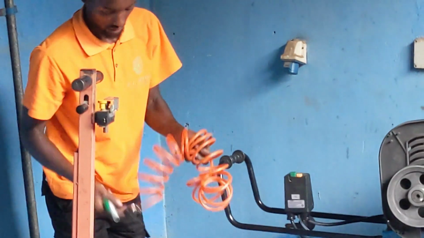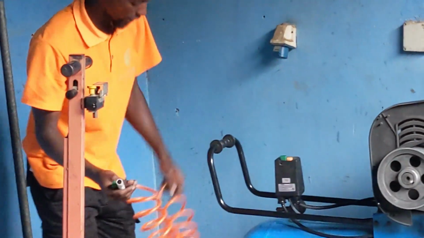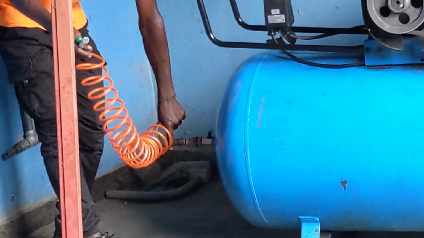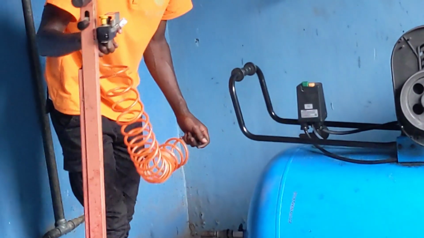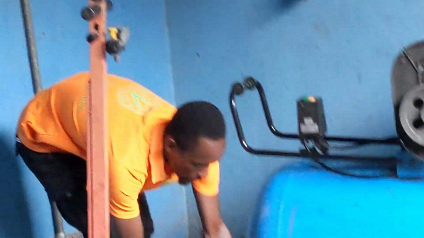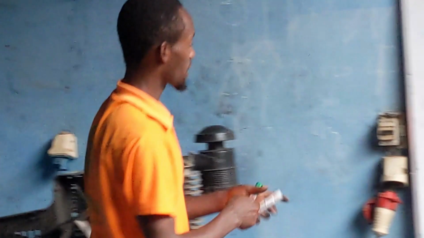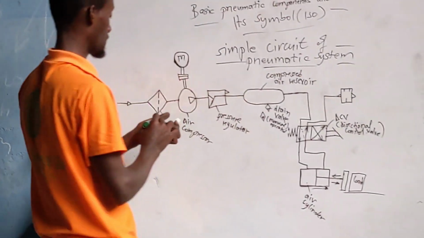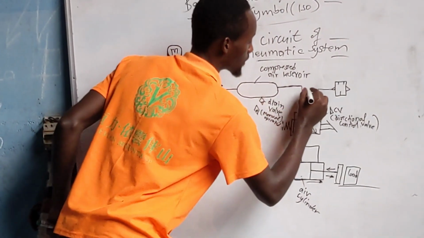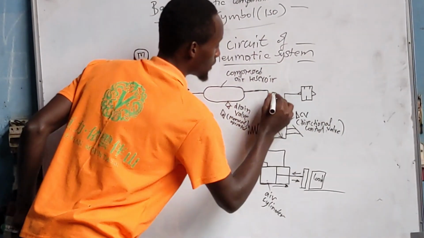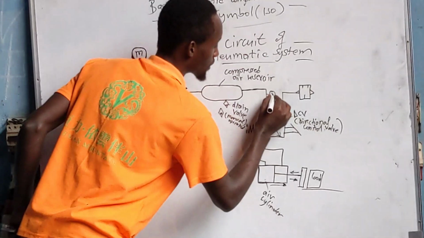This is the pipe. It just has two heads, where you connect the male and connect to that air jack. So let's add there also the gauge.